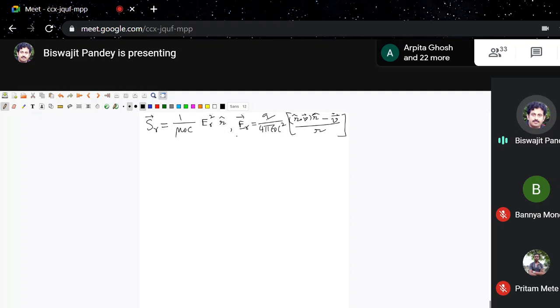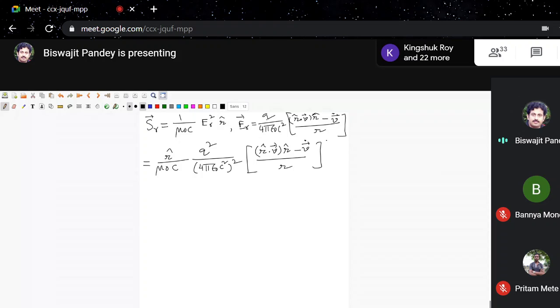Right. So if I take a square of that, it will be simply 1 over... R cap by mu 0 C. R cap divided by mu 0 times C into, let us take a square, Q square divided by 4 pi epsilon 0 C square whole square, and then whole square of the entire thing, R cap dot V dot into curly R minus velocity acceleration divided by R square.